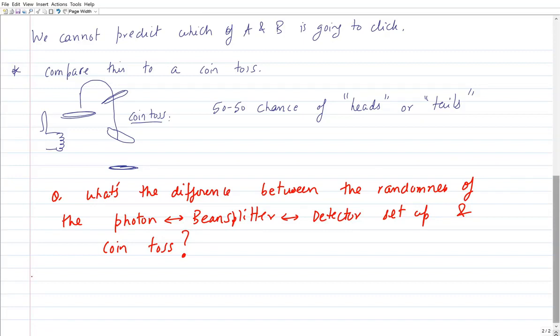So to answer this question, first of all, I think it's a good point to ask, what is the origin of chance, or where is chance coming from in a coin toss?